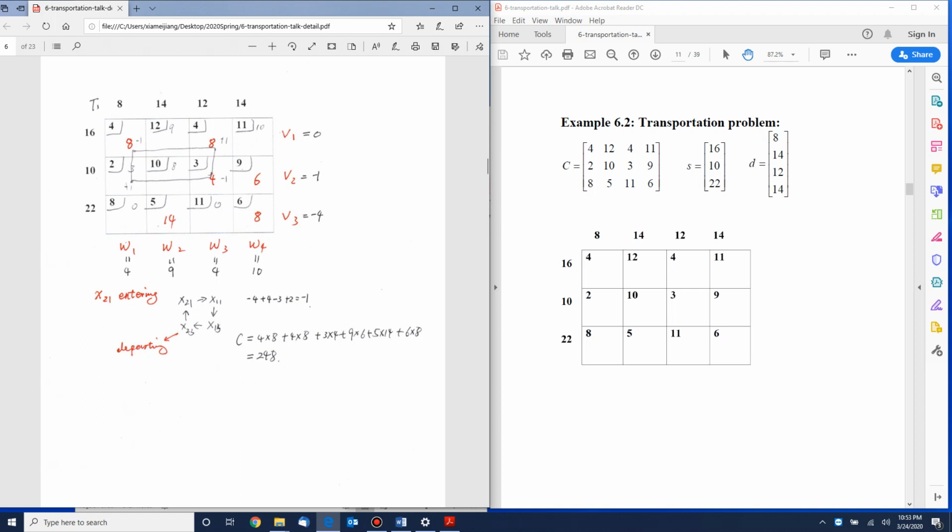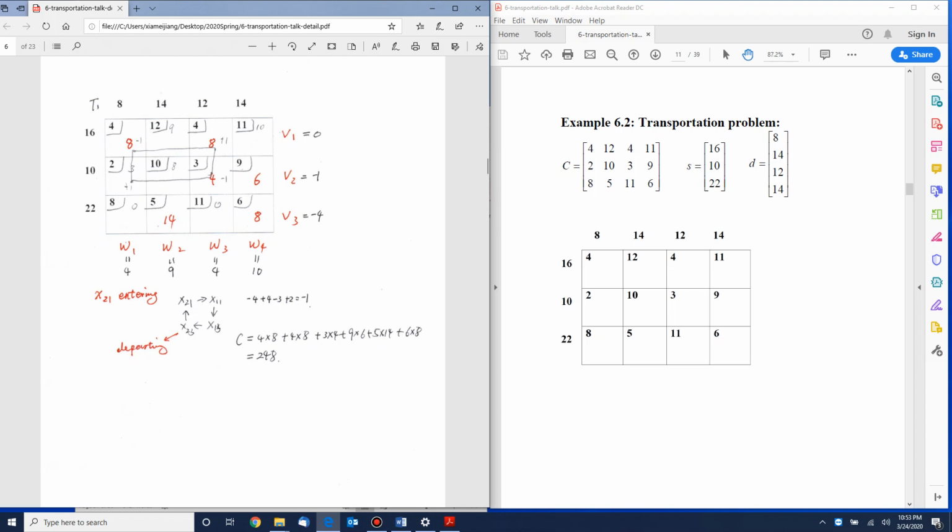When we remove 1 from C11, then C13 should increase 1.